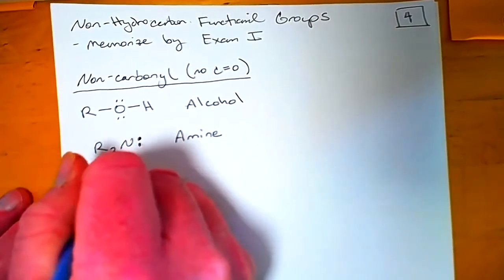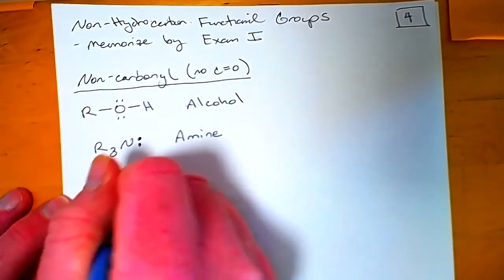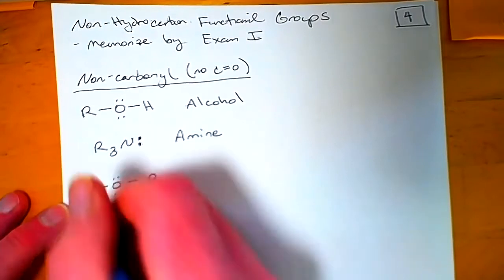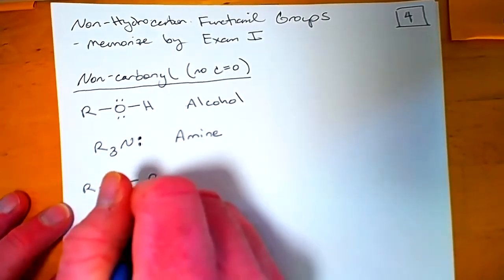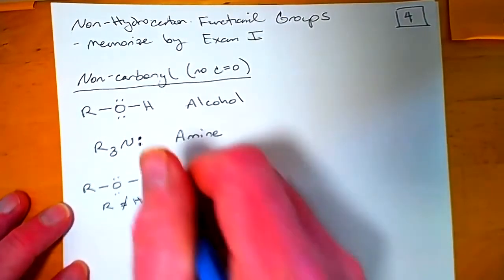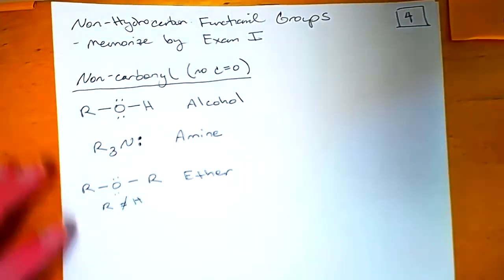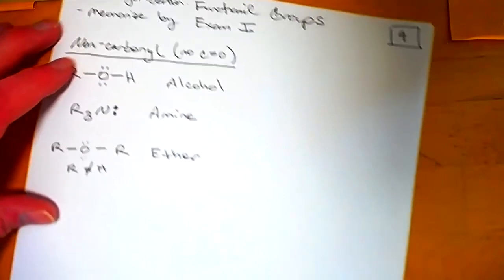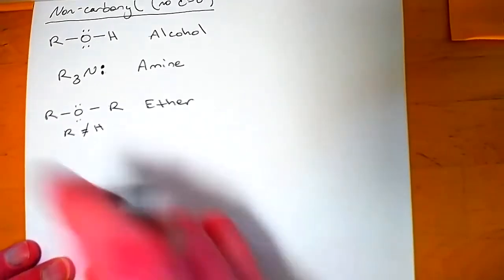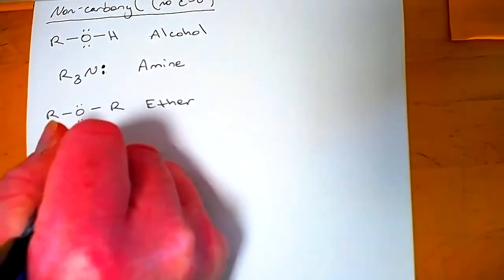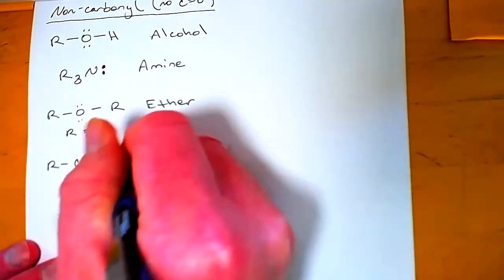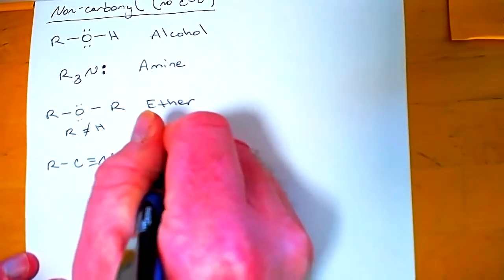If you have an R group and it's bonded to another R group, and in this case the R groups are not equal to hydrogen, well then this is referred to as an ether. Okay, E-T-H-E-R, ether. All right, if you have an R group that's bonded to a carbon that's triple bonded to a nitrogen, this is referred to as a nitrile.